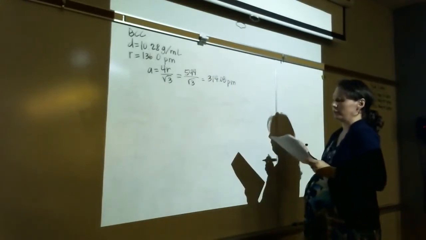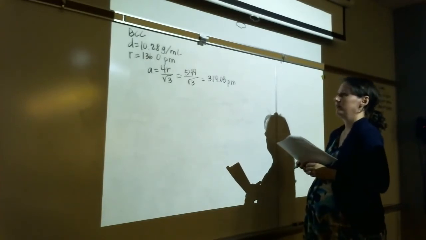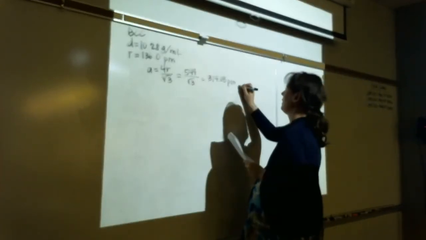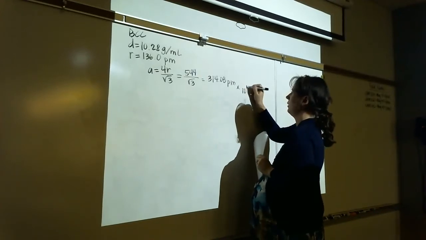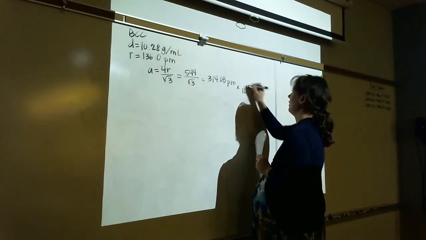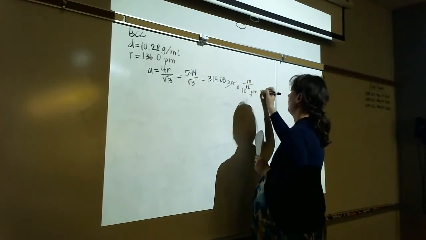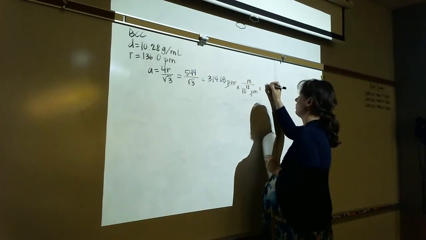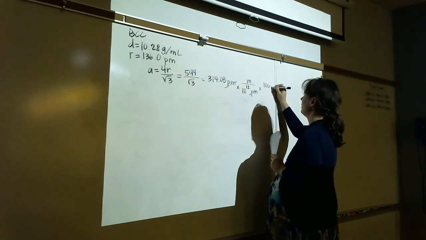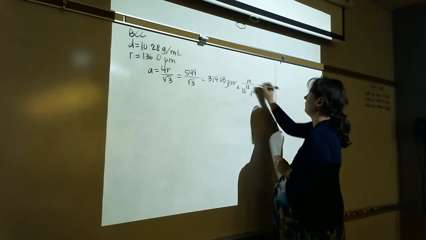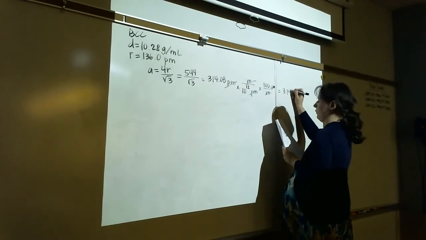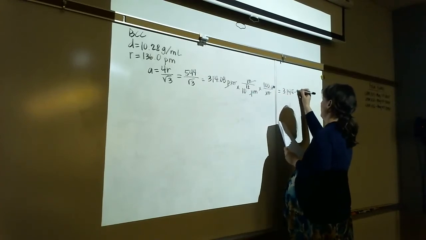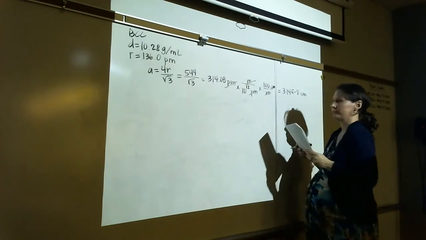And now we want to convert that to what unit? Centimeters, right? How many picometers are in a meter? 10 to the 12 picometers per meter. And then how many centimeters are in a meter? 100 centimeters per meter. So that gives me 3.14 times 10 to the negative 8 centimeters.